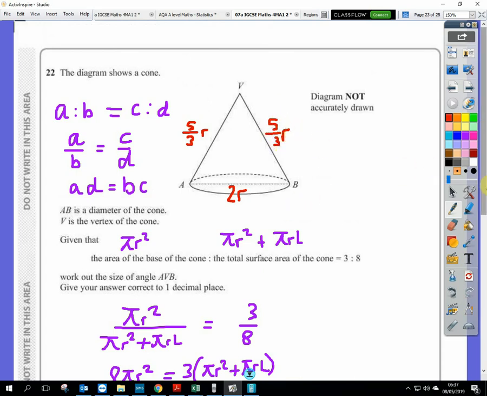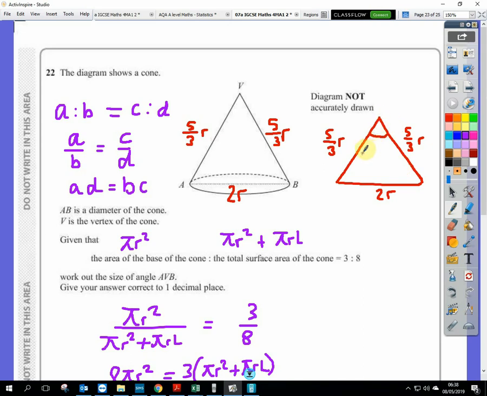And if you extract a triangle from the diagram there, triangle AVB, it will actually be quite easy to work this out. You see, we're trying to work out this angle at the top, angle AVB. All the sides are in terms of R, and this is really useful, because if they are in terms of R, it doesn't really matter what you say R is.